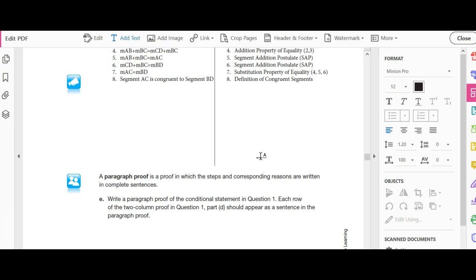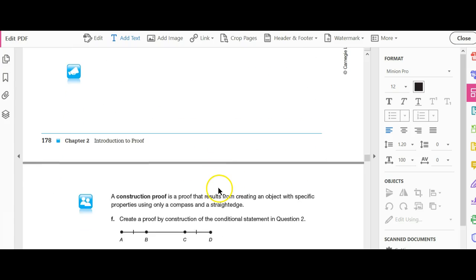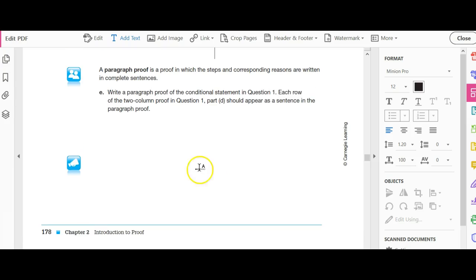Okay? Alright, a paragraph proof is a proof in which the steps and corresponding reasons are written together in complete sentences. So let's see if you can write this out as a proof. So I'm going to try to write this out as a paragraph.